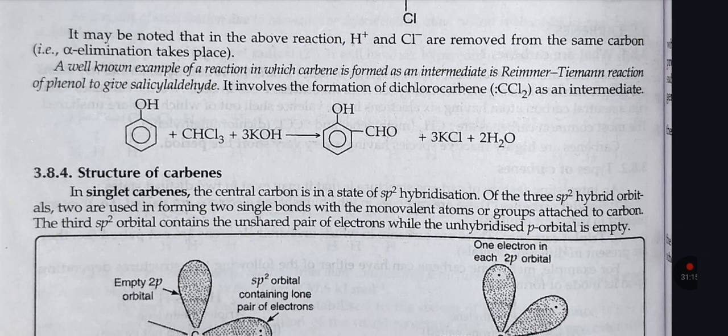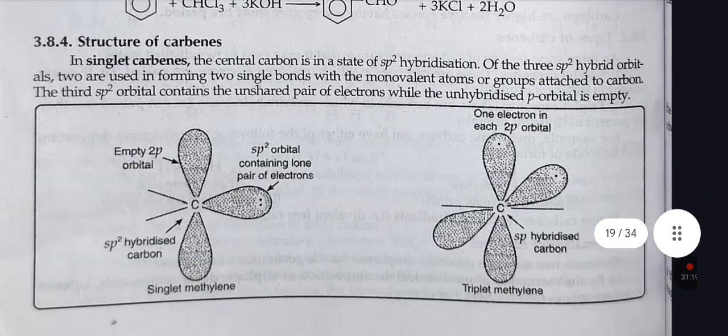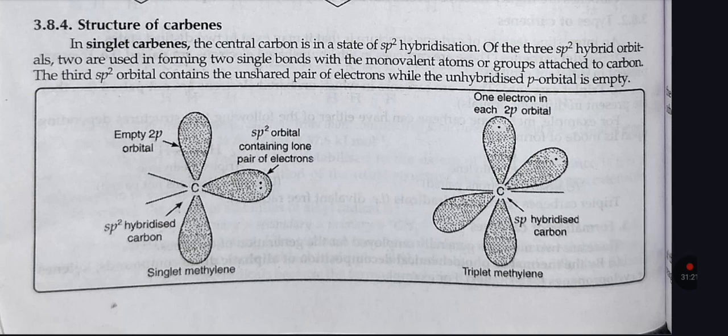Structure of carbene. In singlet carbene, the central carbon is in a state of sp2 hybridization. Of the 3 sp2 hybrid orbitals, two are used in forming two single bonds with the monovalent atom or group attached to carbon. The third sp2 orbital contains the unshared pair of electrons, while the unhybridized p orbital is empty.